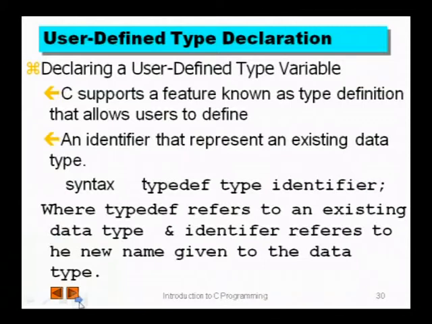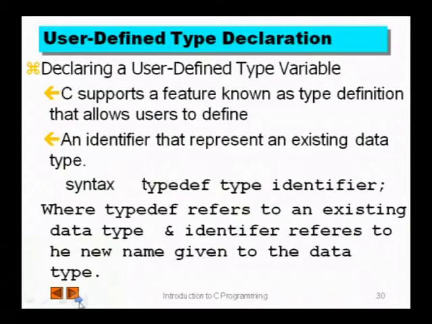So we can have variables of a particular type, maybe integer or float or double and so on. The syntax is typedef type identifier, where type refers to an existing data type, for example integer, and identifier refers to the new name given to the data type.